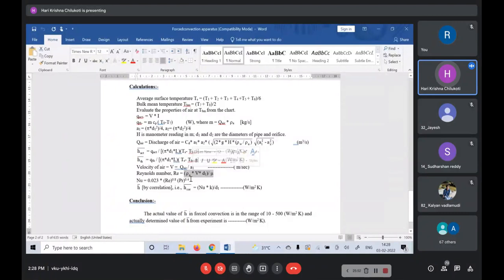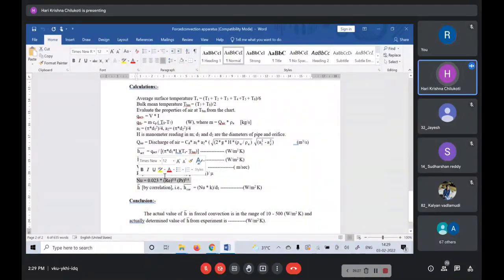In this particular case, the solid surface is at a higher temperature than the bulk fluid. The heat transfer takes place from the solid to the air. Here the air temperature is increased, so for this particular constant, commonly written as n, when the fluid is being heated, it is taken as 0.4, and if the fluid is being cooled, then it is taken as 0.3.